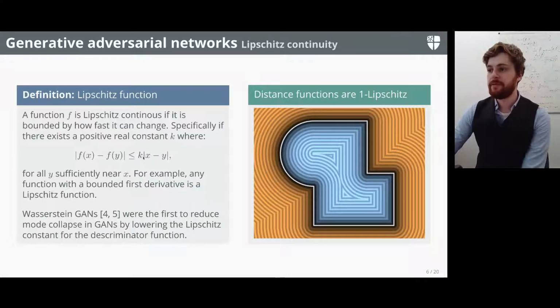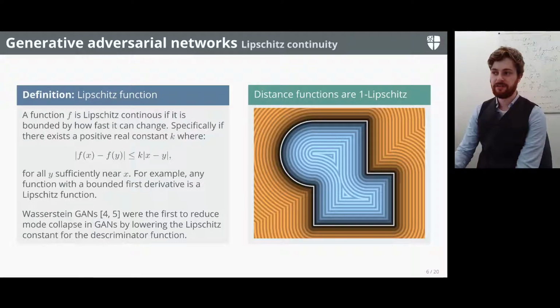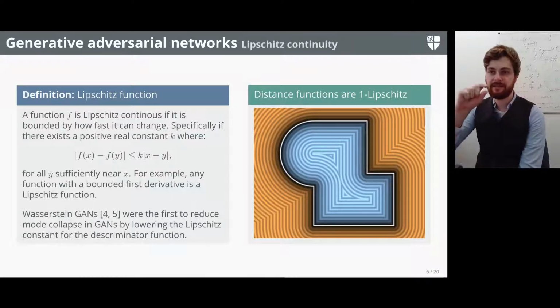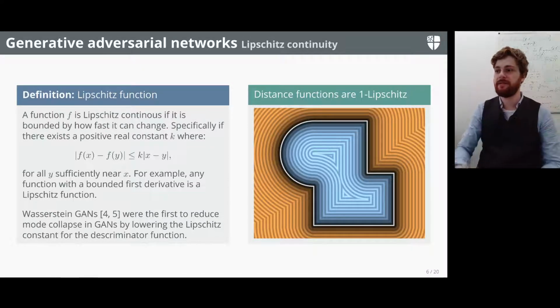So if k were large, it would mean that the function has a very sharp peak or a valley somewhere in it, which can be difficult to find when optimizing. And if k is infinity, then the function is not actually Lipschitz. Whereas if k is a really, really small number, like 1, then that means that the function is really, really smooth absolutely everywhere.